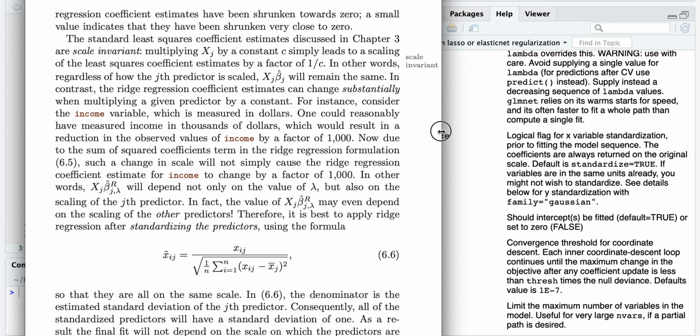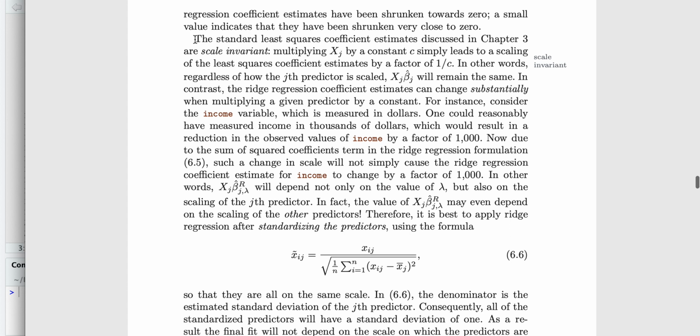And essentially what it says is that least square estimates are scale invariant, meaning that if you multiply the predictors by a constant c, the estimated coefficient will be just divided by c.